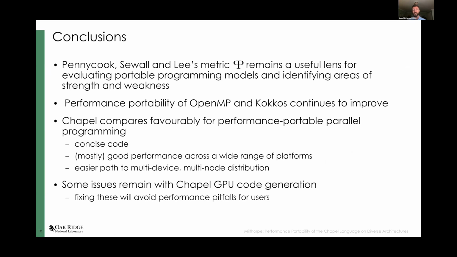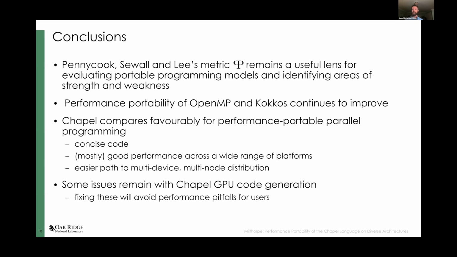But we also found that Chapel really compares favorably to both of those models if you want to do performance portable programming. Some really nice things about Chapel: the code is much shorter, sometimes half as long as the other versions. It mostly gets good performance, modulo some of the things that I mentioned earlier. And I should have also mentioned for TeaLeaf, that was actually a multi-node code.